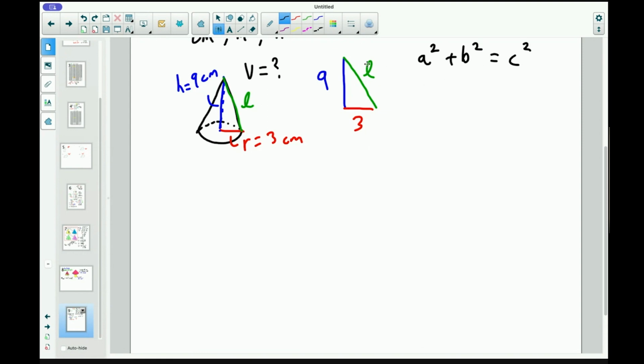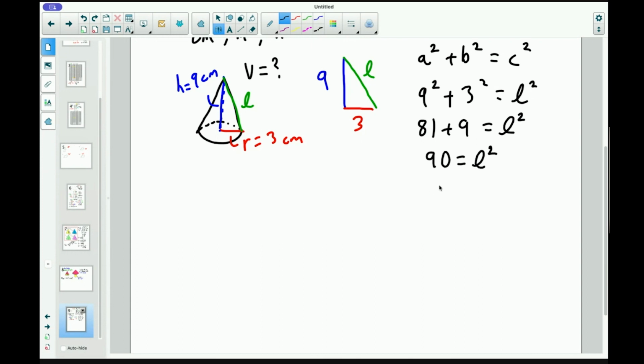Because L is my hypotenuse, we don't need to worry about reconfiguring this. So now we have 9 squared plus 3 squared is equal to L squared. This gives me 81, because 9 times 9 is 81, plus 3 squared, so plus 9, is equal to L squared. So we have 90 is equal to L squared.